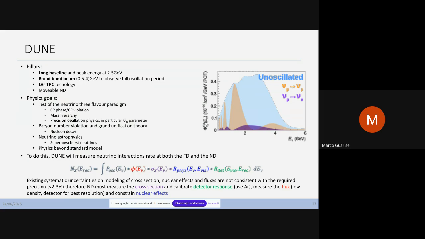So basically, the CP violation, the mass hierarchy of the neutrinos, a precise measurement of the oscillation parameters, but also studies on proton decay, on neutrinos from supernovae, or other studies of the so-called physics beyond the Standard Model.